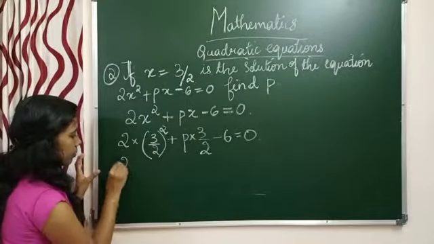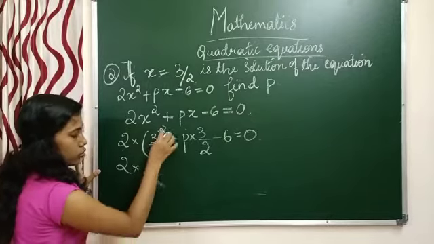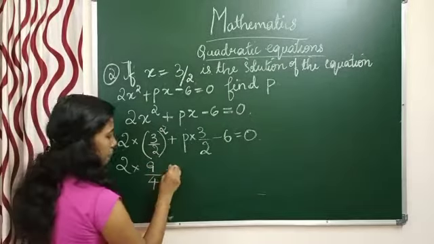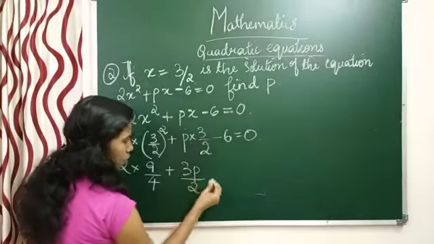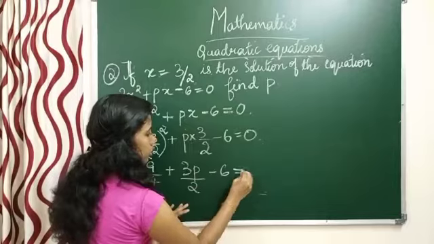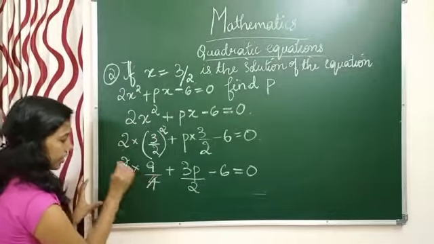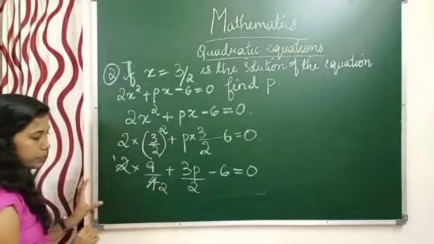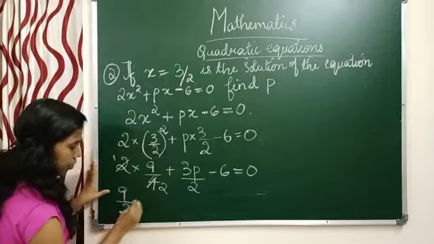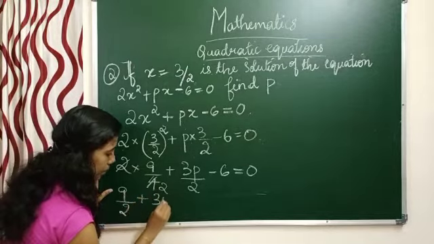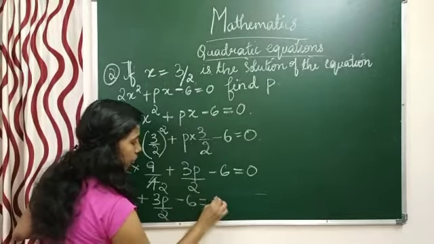Then it becomes 2 into 3 square is 9 by 2 square is 4 plus 3p by 2 minus 6 is equal to 0. Then on cancellation we get 2. Then it becomes 9 by 2 plus 3p by 2 minus 6 is equal to 0.